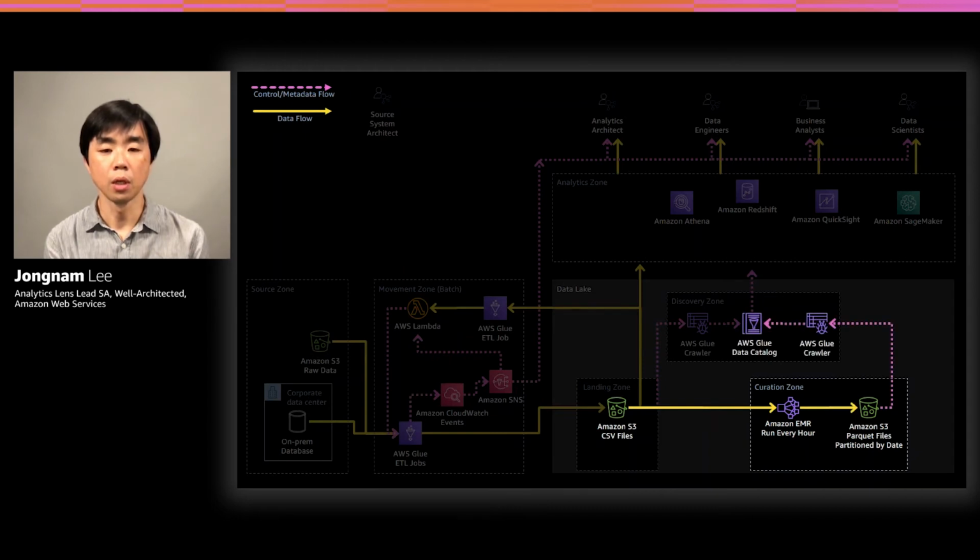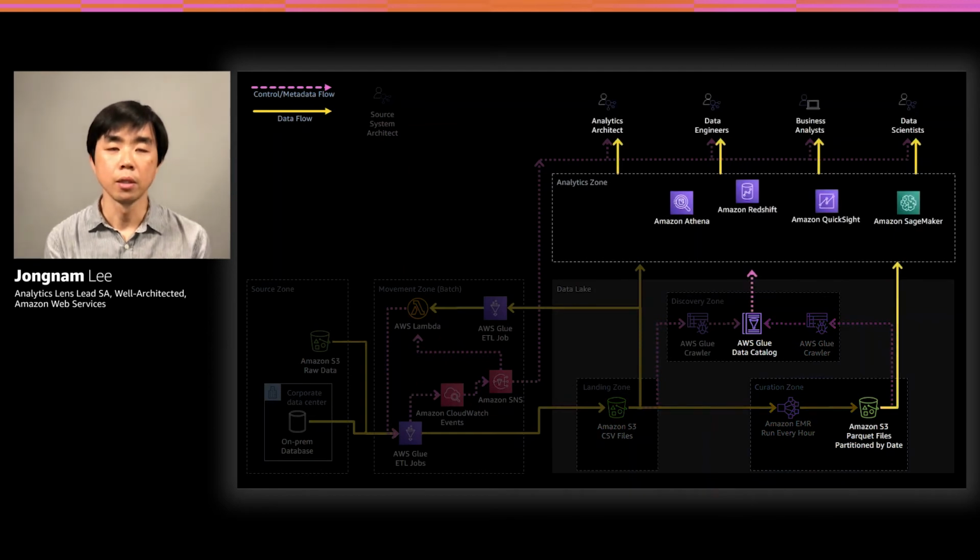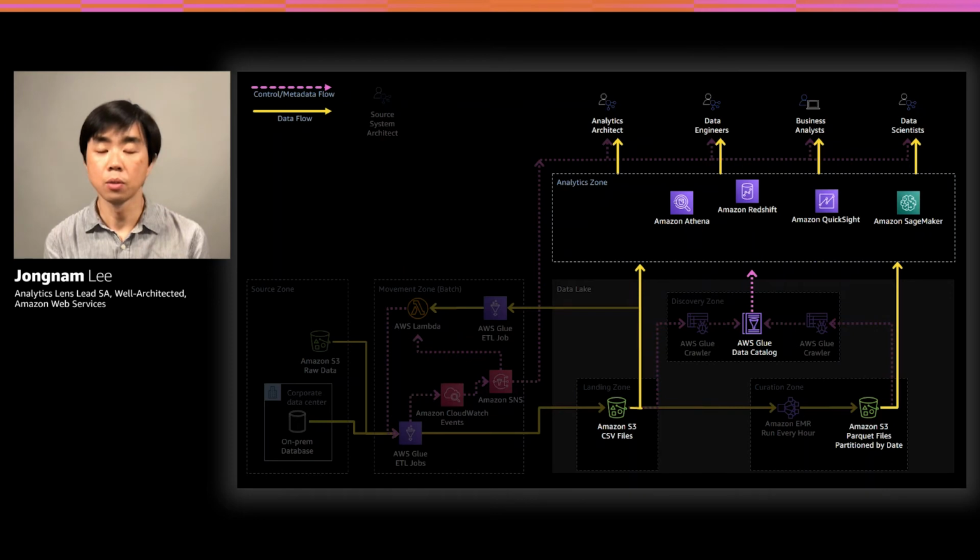And then you will collect the metadata again so that analytics processors can understand the curation zone S3 bucket and then use the data analytics job. Again, analytics jobs can access both the landing zone and the curation zone at the same time. So they can do ad hoc queries, they can do reporting queries, etc.